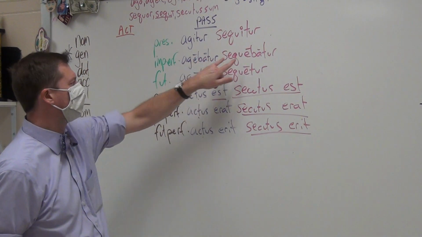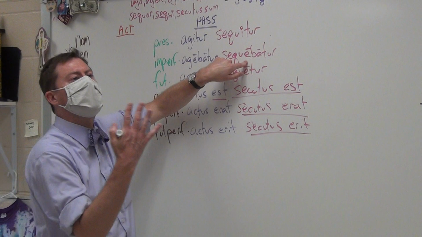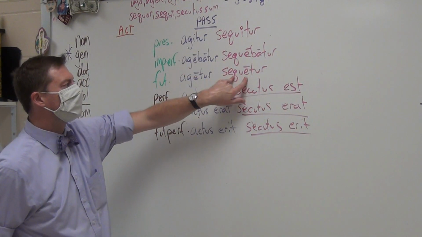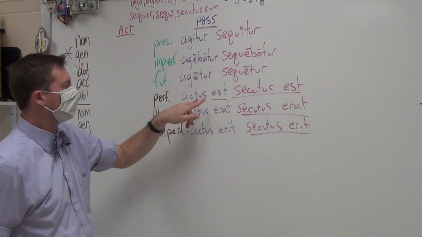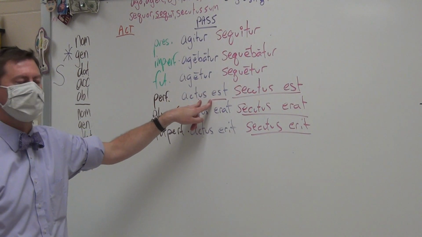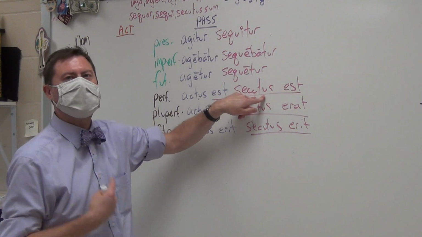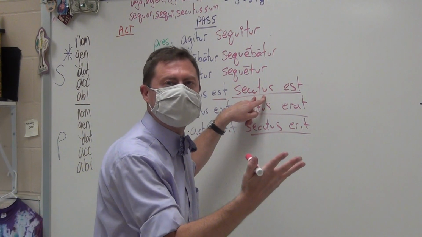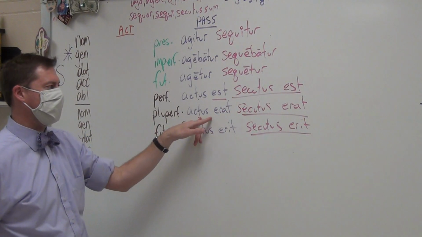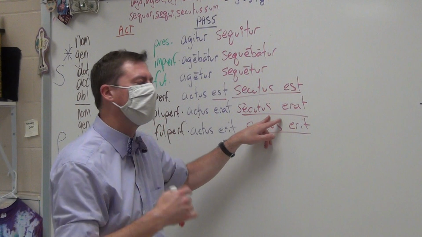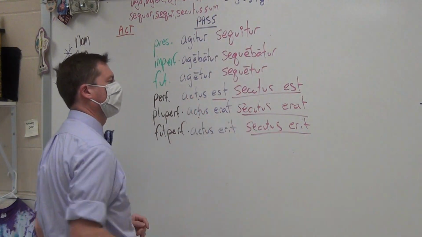He was driven, not he was followed, but he was following, he was doing it. He will be driven, he will follow. He was driven, has been driven, he followed, he did follow, he has followed, but he did it. He had been driven, he had followed. It's deponent, looks passive, translates actively.